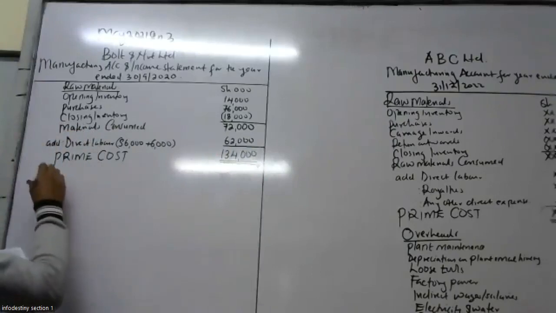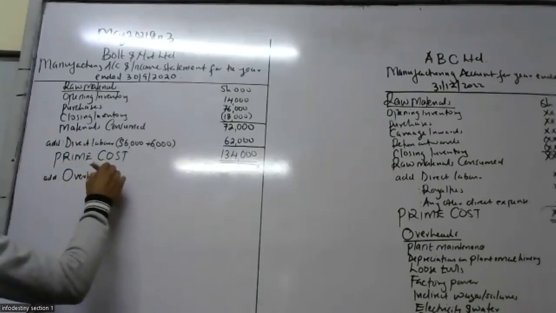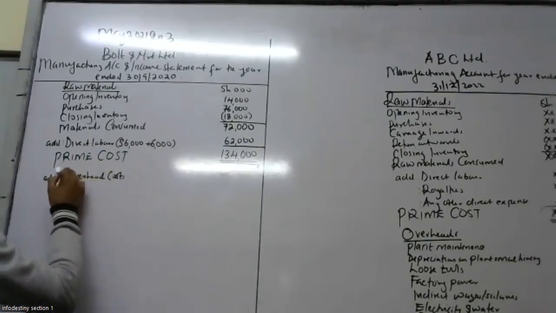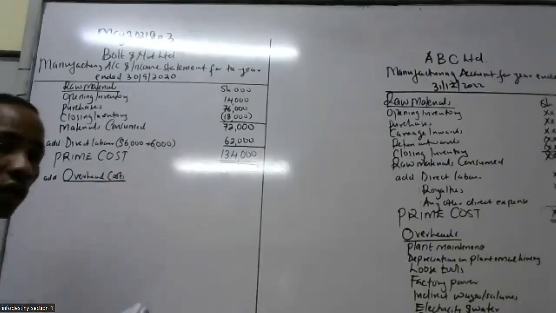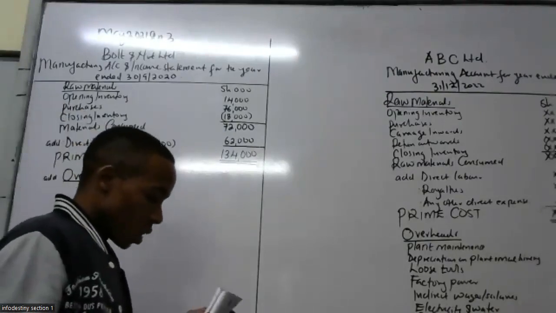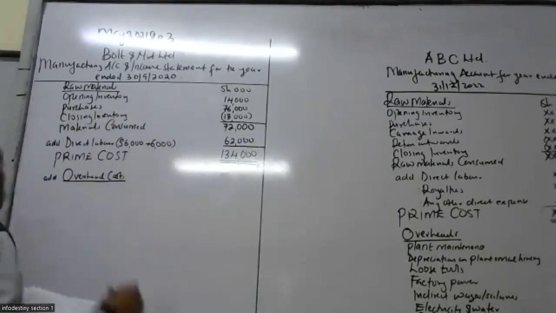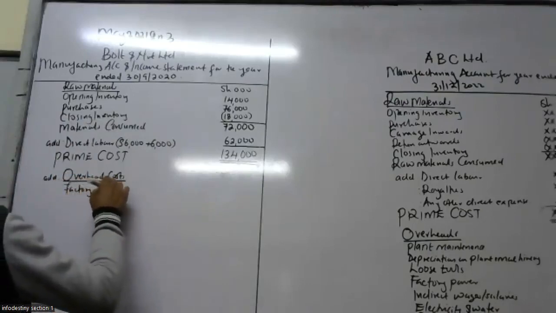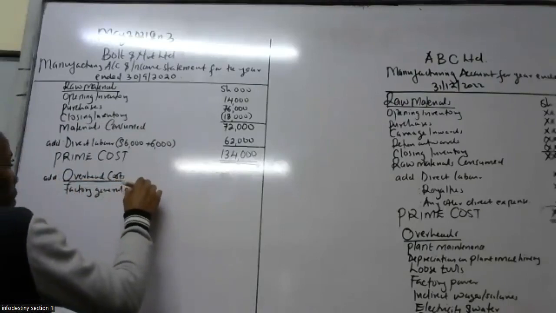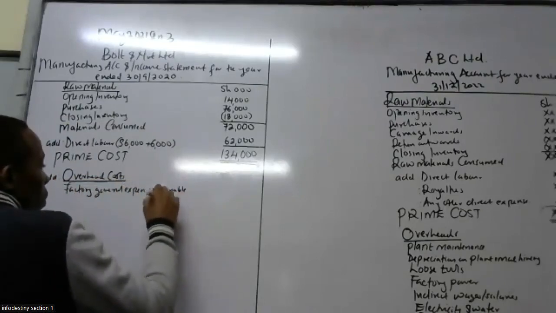Then now we add the overheads. The overhead cost. So let's pick from the trial balance and see the ones which are direct. And we can start with the factory general expenses. They have been separated into variable and fixed.